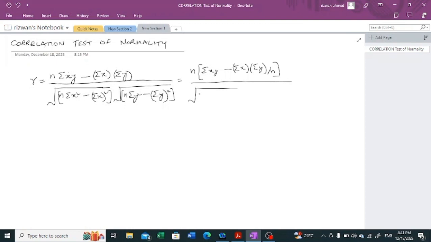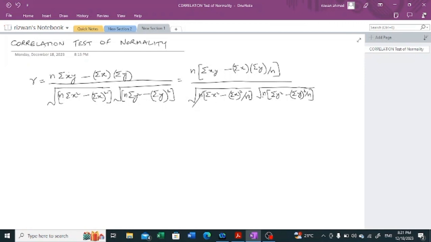Here, from this first factor, which is the standard deviation of x, we also take this n common out, and consequently it will become the divisor of the second factor. Similarly, square root of n summation y squared minus summation y whole squared divided by n.